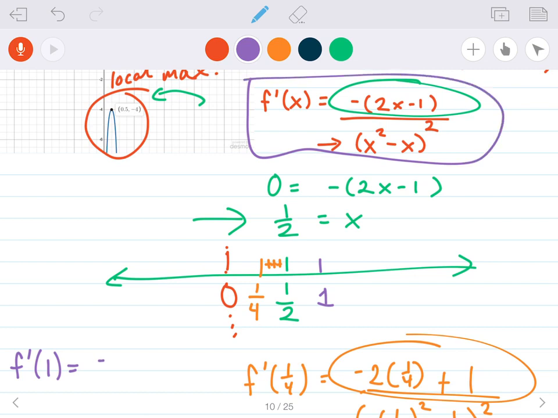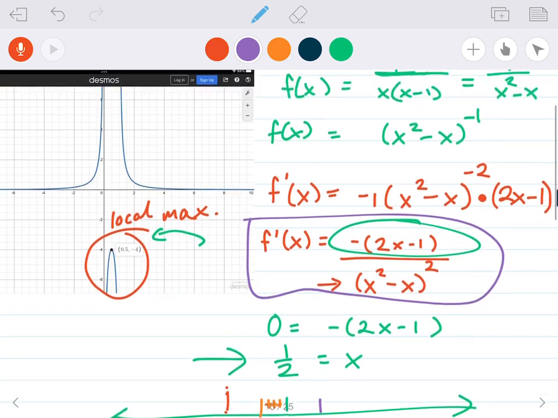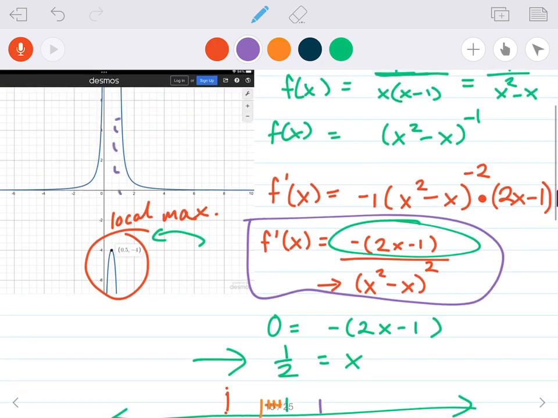So we have negative 2 times 1 minus 1, over 1 squared minus 1. Okay, I think we're going to have a problem there. Yeah, we're going to have an asymptote again.